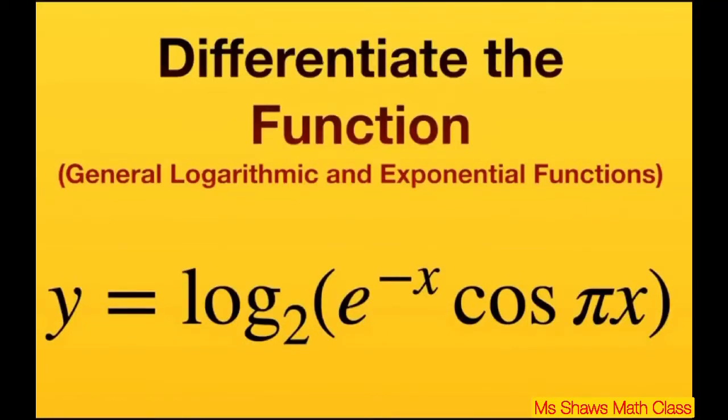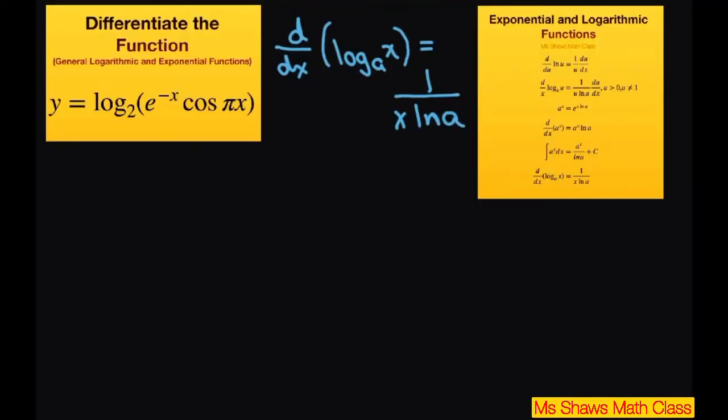Hi everyone, we're going to differentiate the function y equals log base 2 of e to the power of negative x times cosine of pi x. The first thing to do for differentiation to make this easier is to write this as a sum of logs by expanding this, because this is a product.